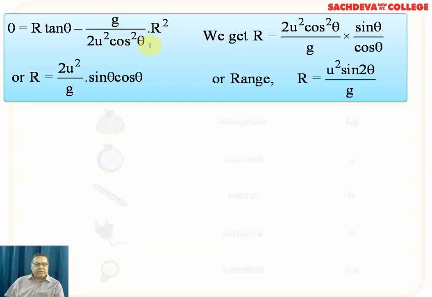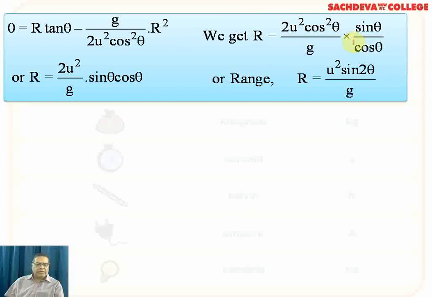And if we write u cos theta, that is the horizontal component of the velocity. Now, from this equation, we get the value of r. That is, r is taken out common and the result simplified. So it will be 2u square cos square theta over g, and then we have sin theta over cos theta. From numerator and denominator, cos theta will cancel off, and 2 cos theta sin theta will be written as sin 2 theta.